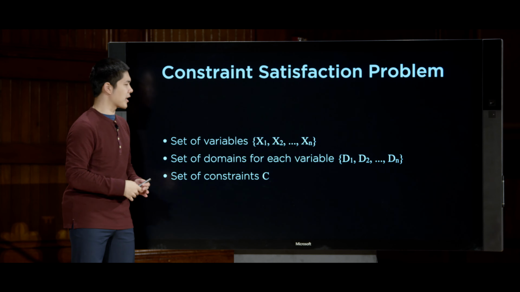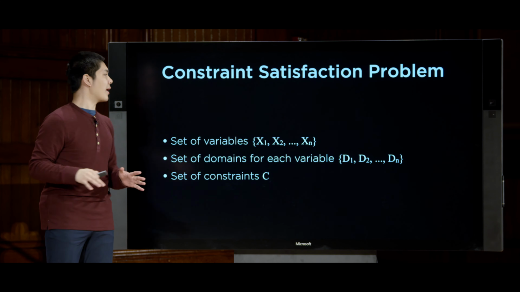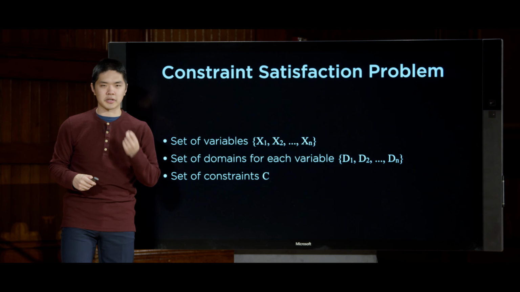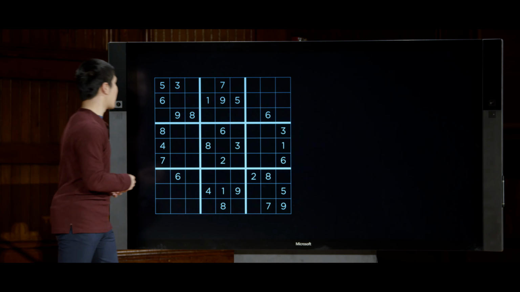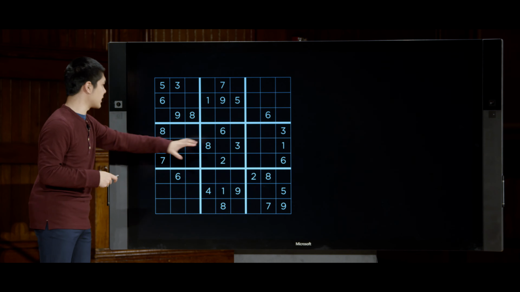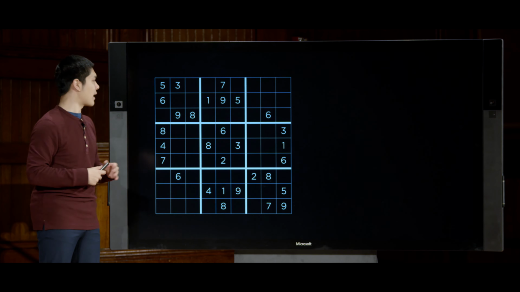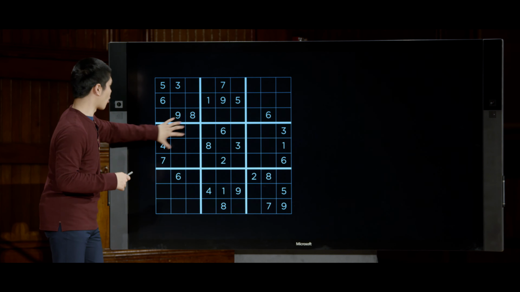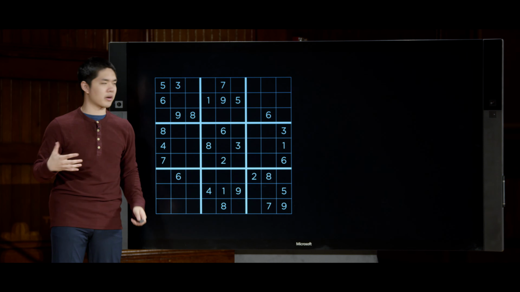And constraint satisfaction shows up all over the place as well, in any situation where we have variables that are subject to particular constraints. So one popular game is Sudoku, for example, this 9x9 grid where you need to fill in numbers into each of these cells, but you want to make sure there's never a duplicate number in any row or in any column or in any grid of 3x3 cells, for example.